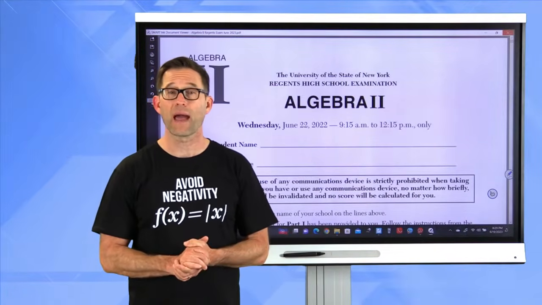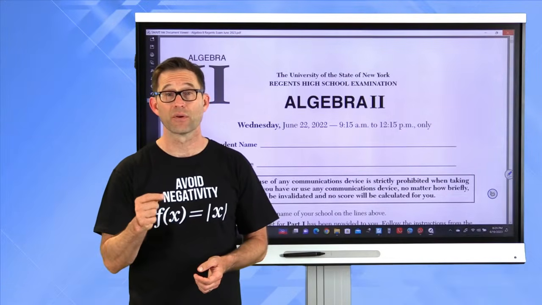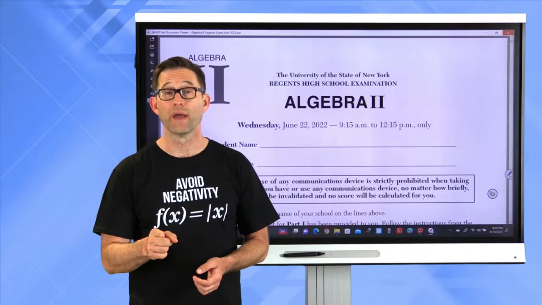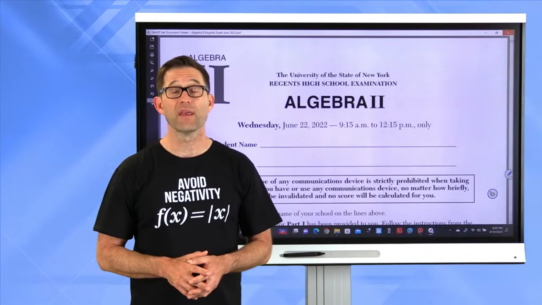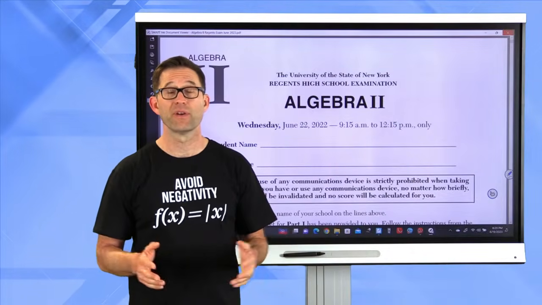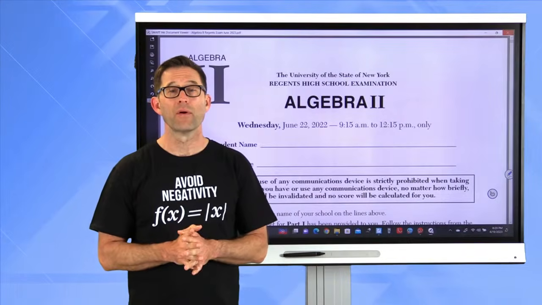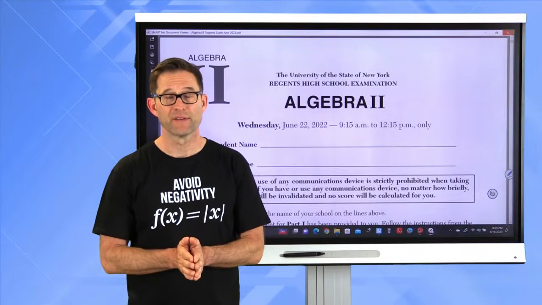So your calculator can be extremely helpful on this particular exam if you know how to use it right. Don't forget to make sure to have it in radian mode when you graph trigonometric phenomena. But all in all, you're going to do okay on this exam.